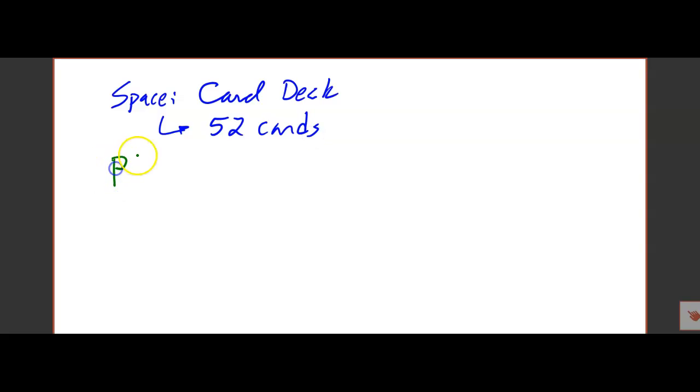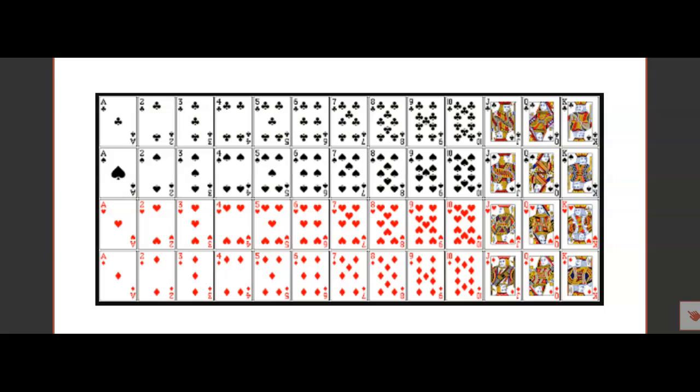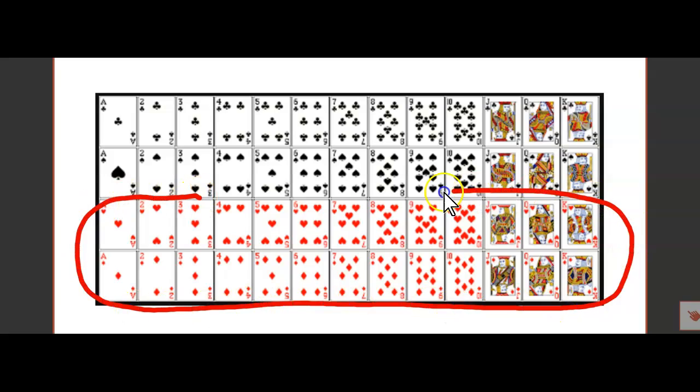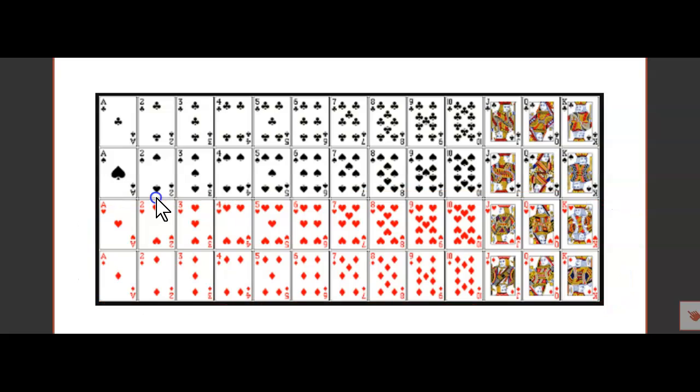So what is the probability that I'm going to choose a red card out of this deck? If I look at black cards versus red cards, you should be able to see that if I circle the red cards, that is essentially half of the cards available to me.